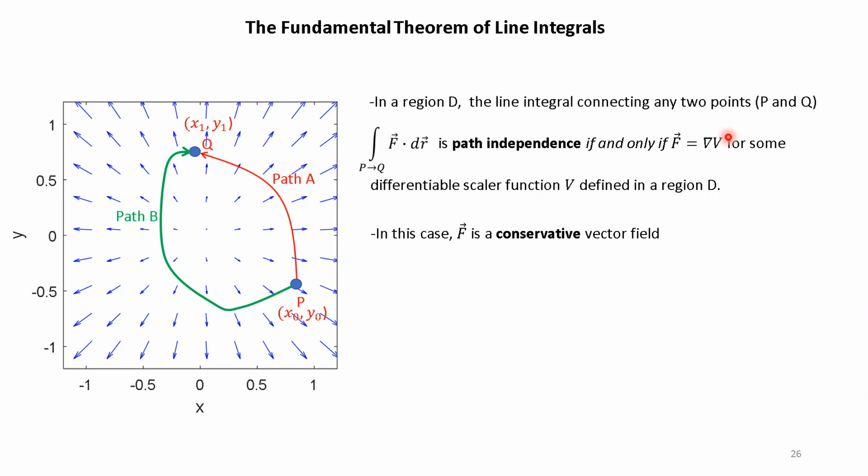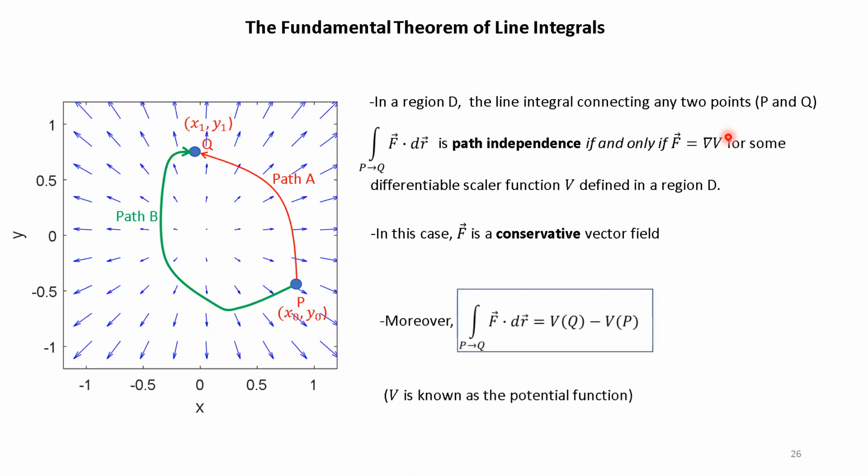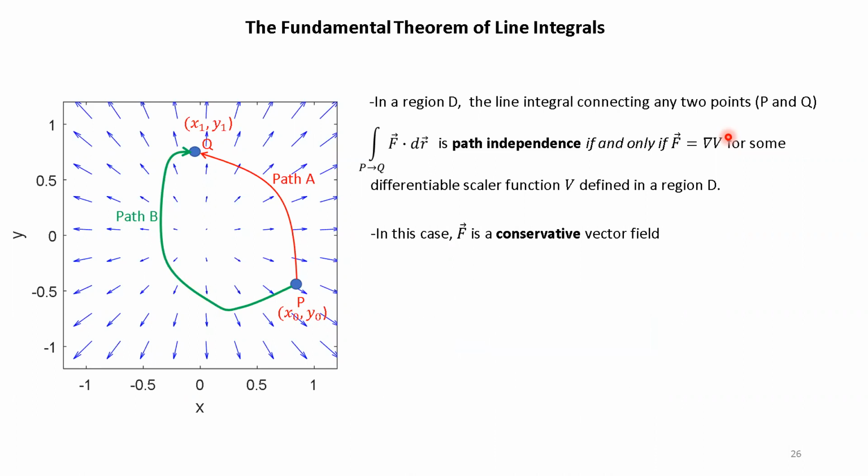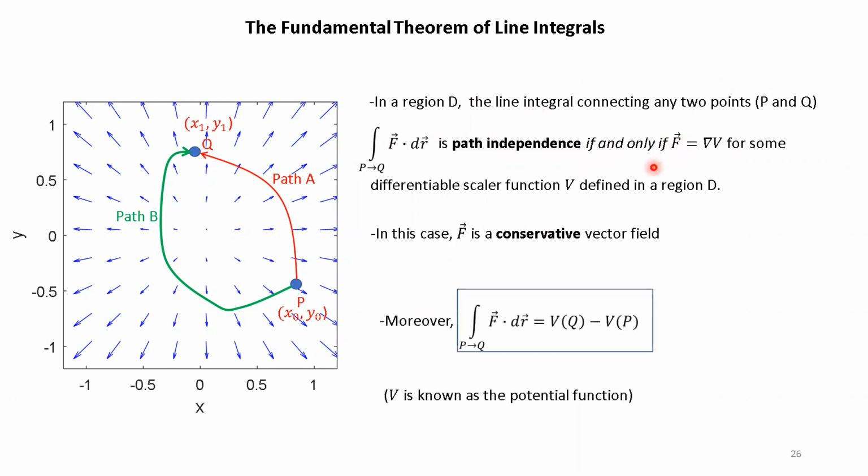I'm just telling you that if your field can be expressed as the gradient of some function v, even if v can be unknown at the moment. Also, this is not the full statement of this theorem yet. Not only is it path independent, but the line integral will also be surprisingly easy to calculate.